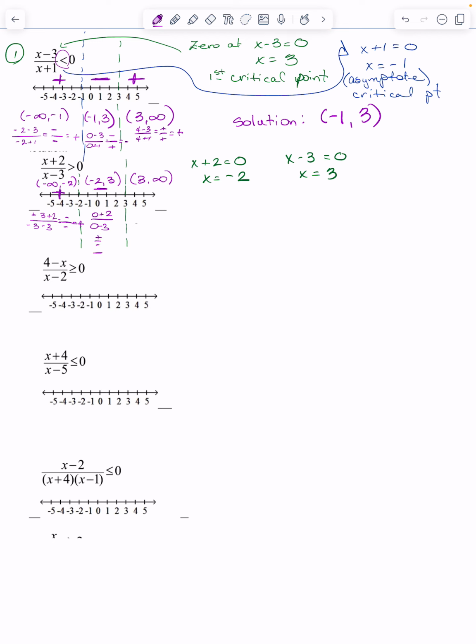That's going to give me a negative answer in here. I got (4 + 2)/(4 − 3), positive 6 over positive 1. We want the values of x that give us y greater than 0. So they're positive on the interval from −∞ to −2, and then the interval from 3 to ∞.